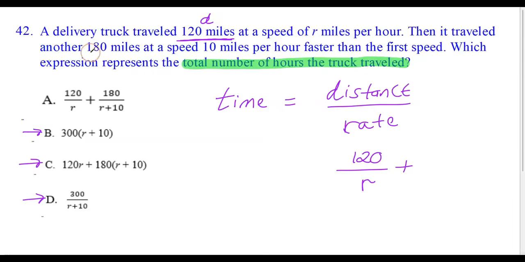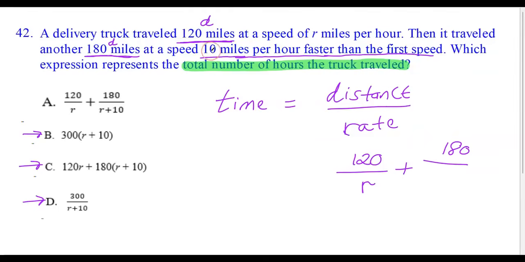It says it traveled another 180 miles. So this is the second part of the trip. So this is the distance on the second part, or D. So I'll add on distance of 180, so plus 180. So I replace this now with 180 divided by the rate.